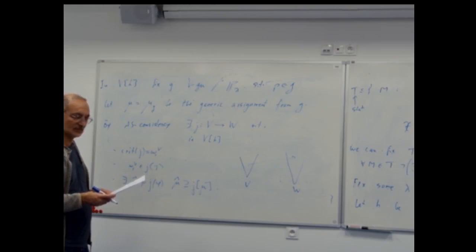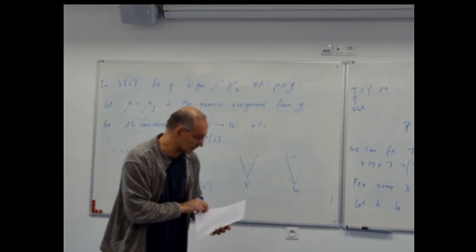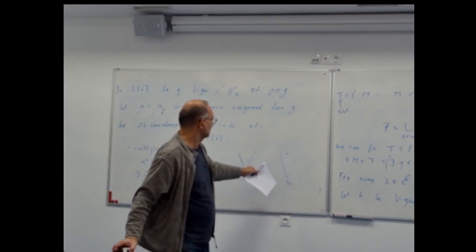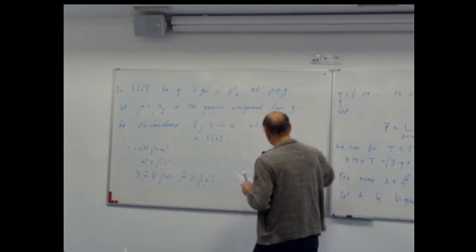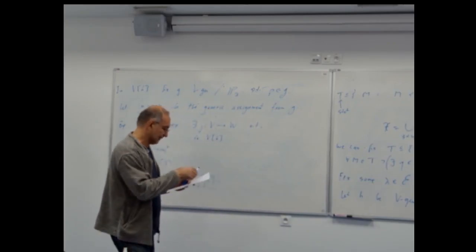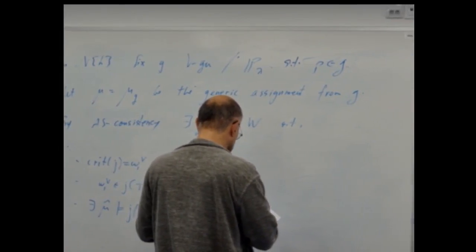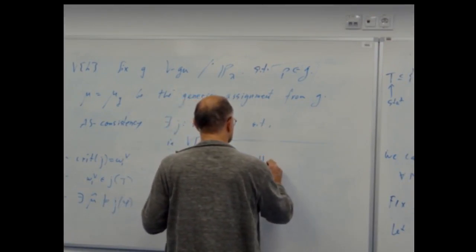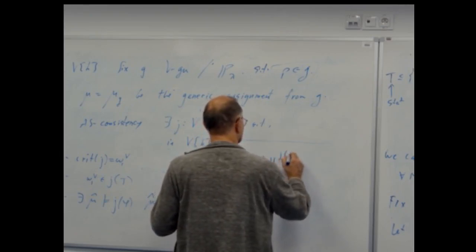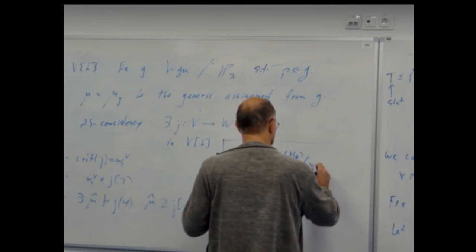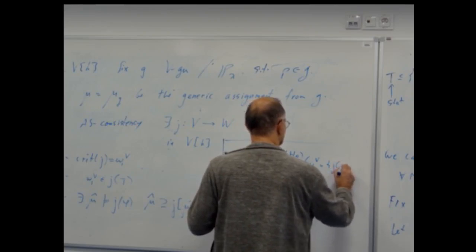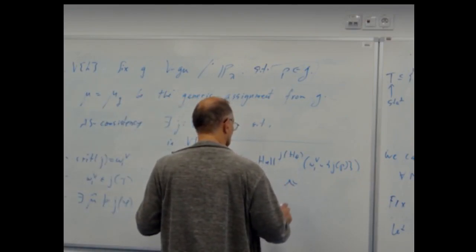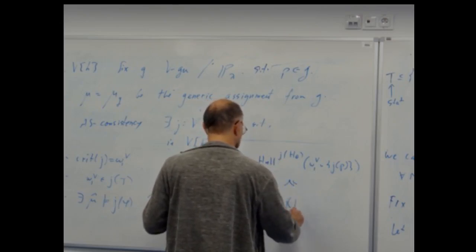So the model N for which we are going to witness goodness is going to be N, which is the hull in J of H theta of the omega 1 of B union J of P. That's going to be an elementary submodel of J of H theta.